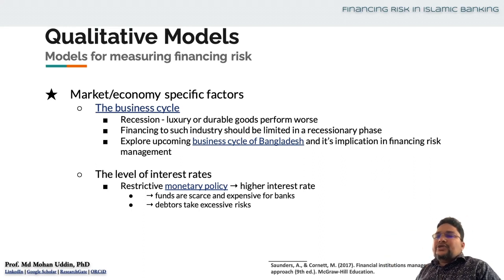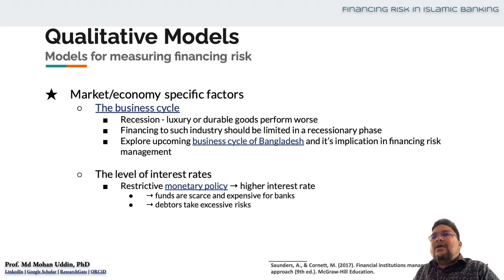The debtors, who get the fund either from an Islamic bank or a conventional bank, will have to try for a greater amount of profit and take excessive risk for that. If the interest rate is low, probably they would not have invested in a very risky business.